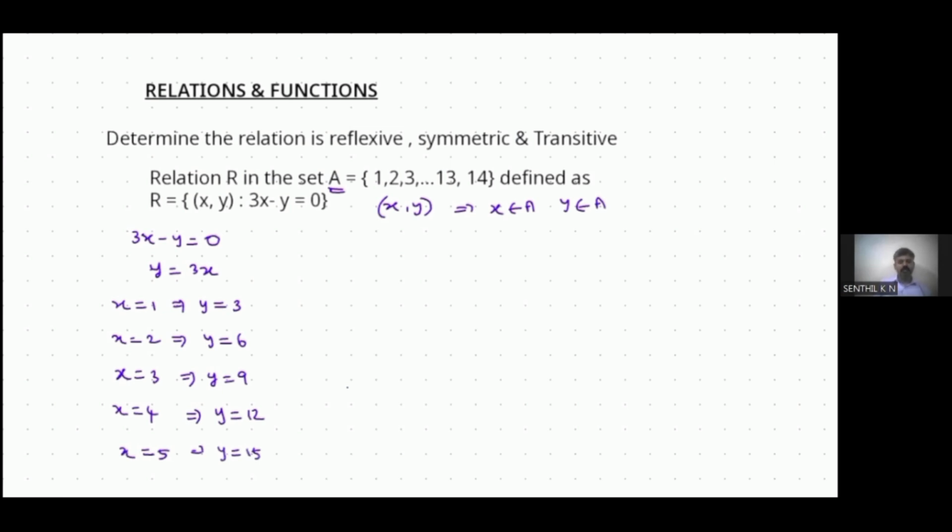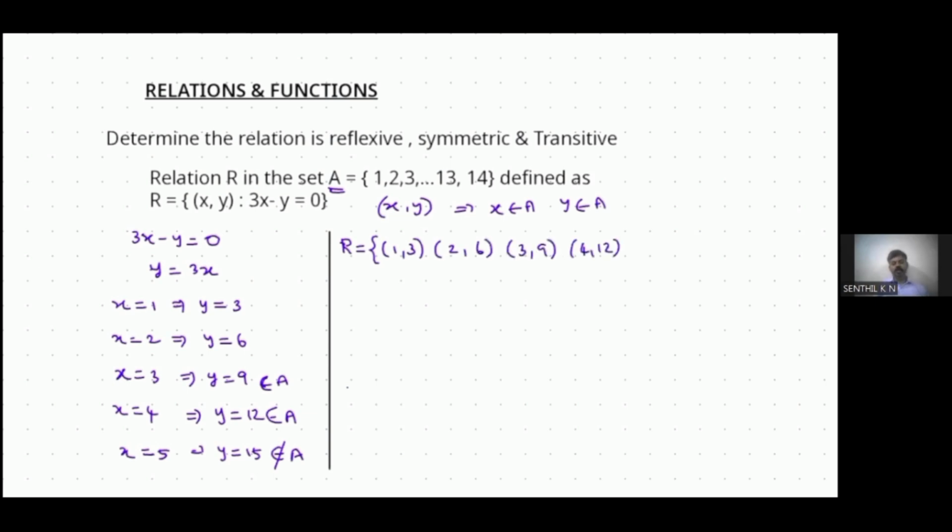But what we have said is that every element x and y should belong to A. So far we have received elements of A only. 3, 6, 9, 12 are elements of A, but here we are getting 15 for y, and 15 is not an element of A. So we cannot consider this as an element of R, and hereafter we cannot write any other element for R. So R equals {(1, 3), (2, 6), (3, 9), (4, 12)}.